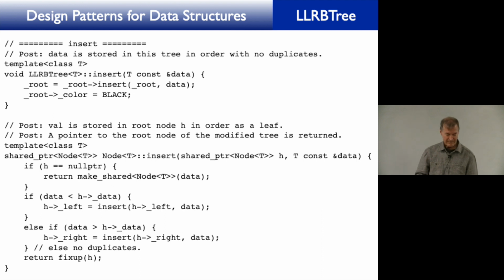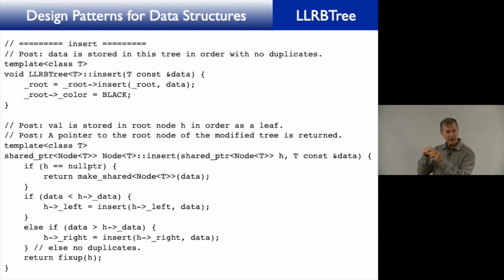So, will it ever be switched back to red, the root? Well, it could be switched to red by virtue of the call to the node version, because the node version returns a pointer to the tree with the node inserted, and that tree has been mutated.